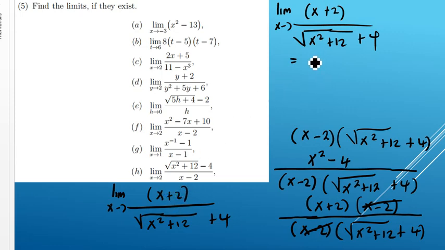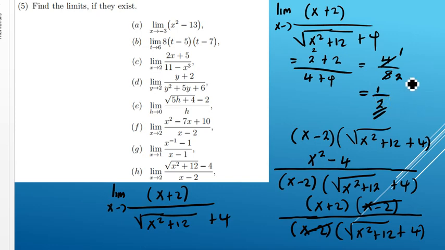So if I put a 2 here, and a 2 here as well, this is going to be 4. 4 plus 12 is 16. Square root of 16 is 4. So I'm going to have something like 4 plus 4. Then of course it's going to be 4 over 8. If we cancel this, we have 1, we have 2, and our final answer is simply 1 over 2. And this is just how you solve this question. It's very simple. Thank you so much.